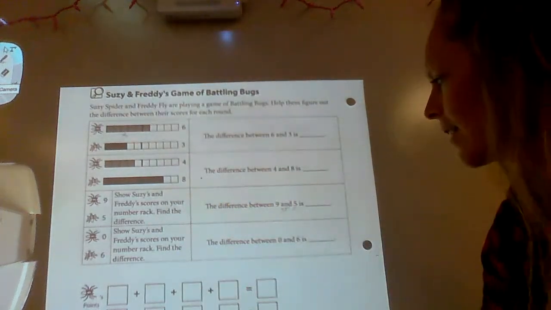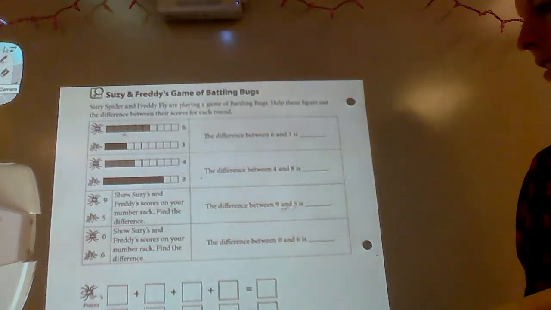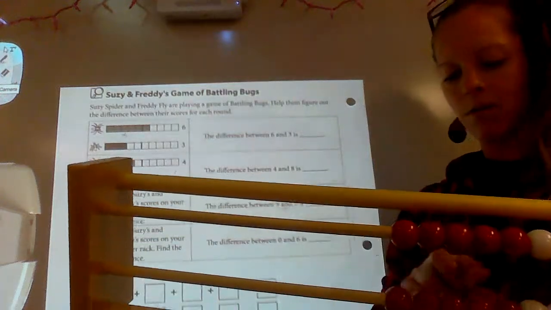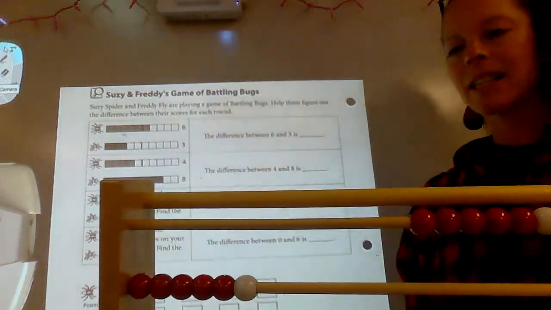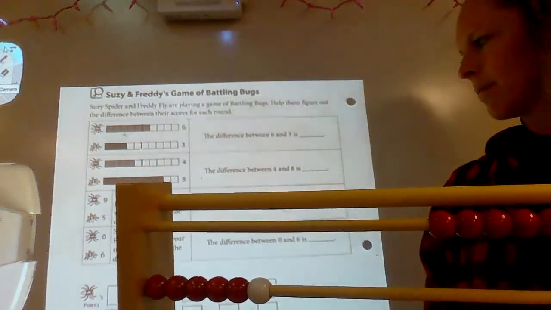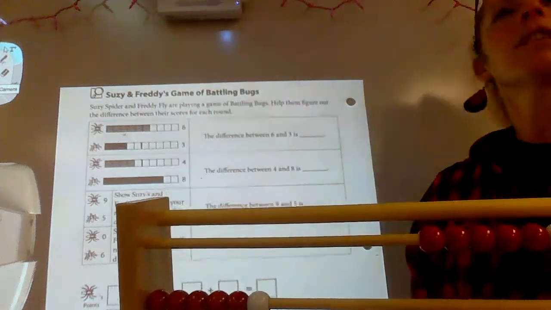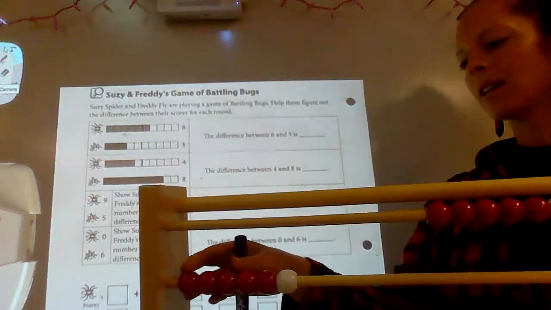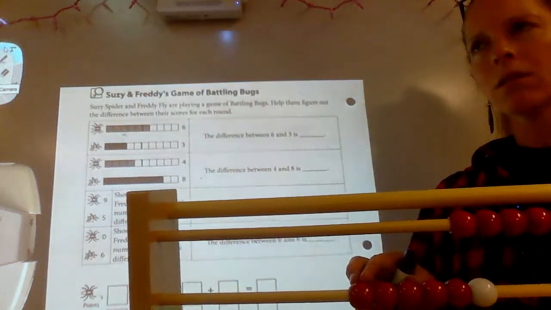Okay. And the last one, the difference between 0 and 6. Oh no, poor Susie got 0 points this round, and Freddie Fly got 6. The difference between 0 and 6. Can you take 6 away from 0?